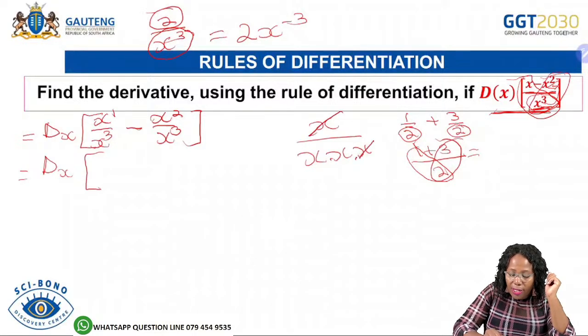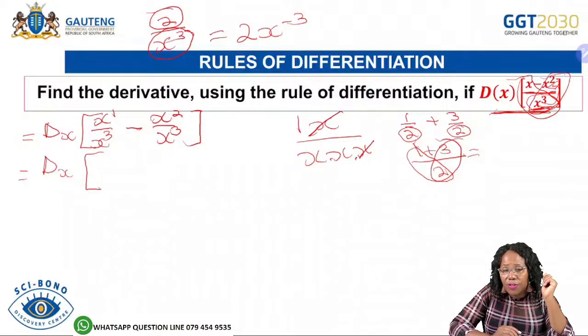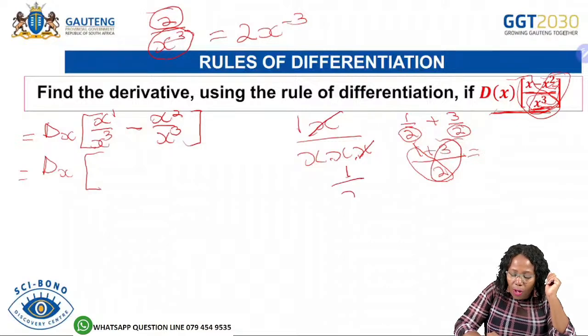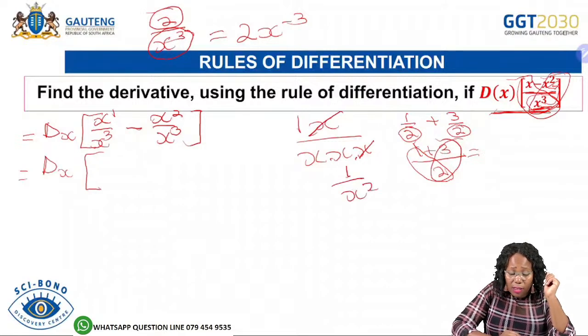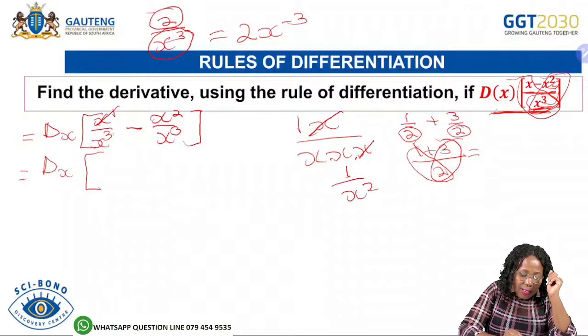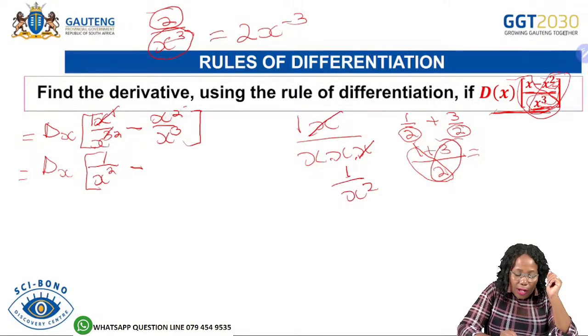So this x will cancel 1 there. Remember, there's a coefficient there. Then you'll be left with 1 over x squared. Can you see that? That means this x will cancel 1 here, then you'll be left with 2 of them. So on top, we'll be left with the coefficient 1. At the bottom, we are left with x squared, minus. And then for this one, we are having x squared there. It will take x squared there, then you'll be left with x to the power 1.